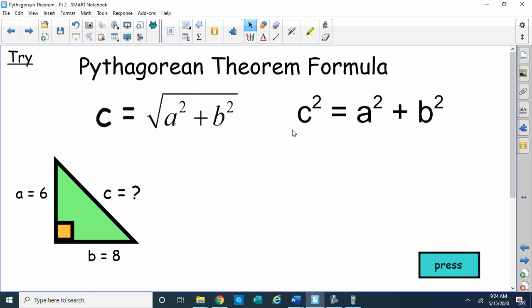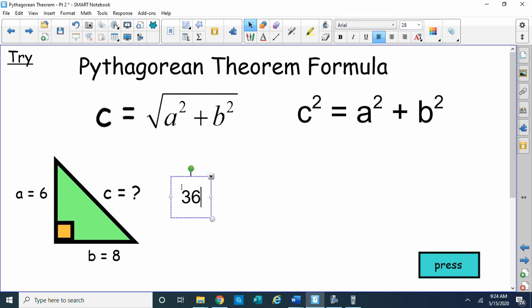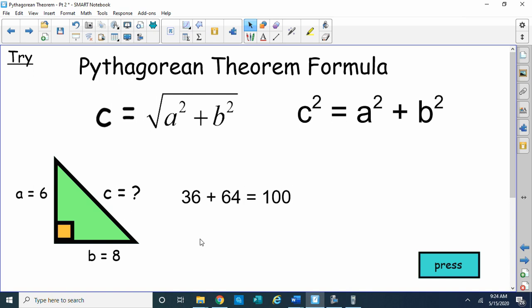So I'm going to say, well, A is equal to 6. 6 times 6 is 36. And B, 8 times 8 is 64. So I really have 36 plus 64 again. And that equals 100. So we've done this before.